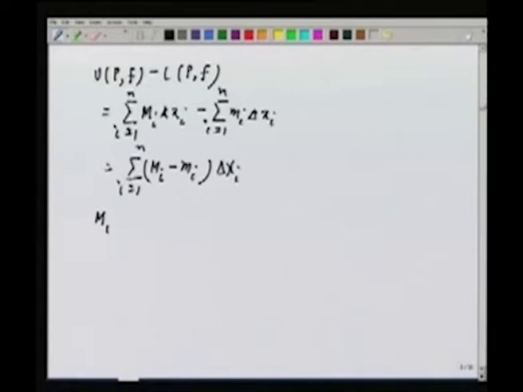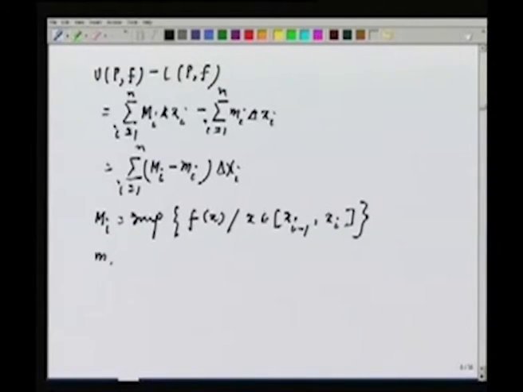Capital Mi equals the supremum of f(x), where x belongs to [xi minus 1, xi], and little mi equals the infimum of all the f(x) such that x belongs to [xi minus 1, xi].